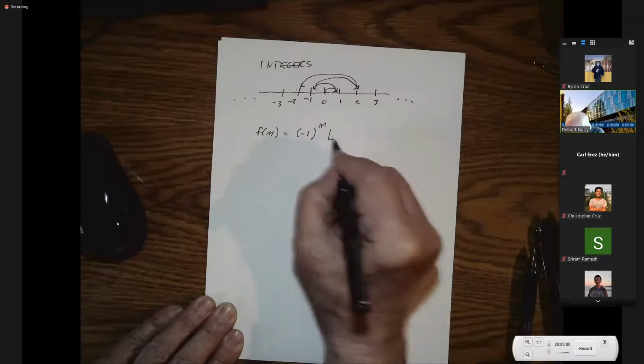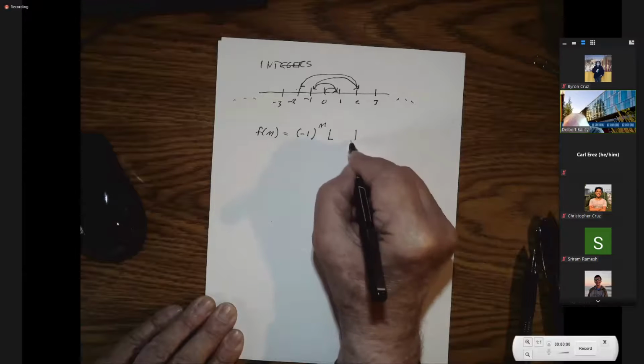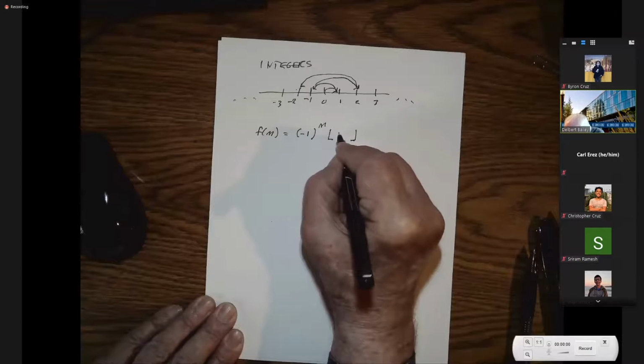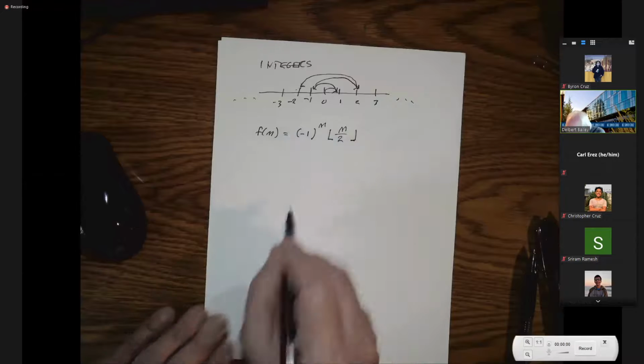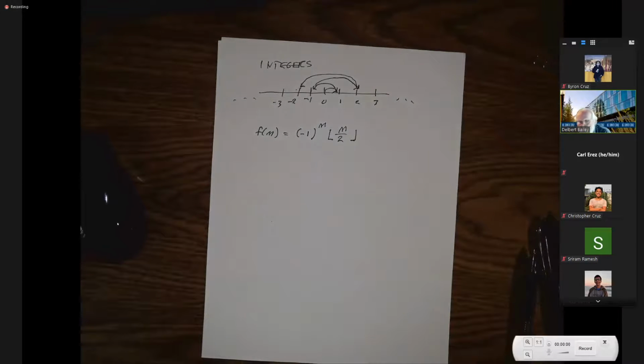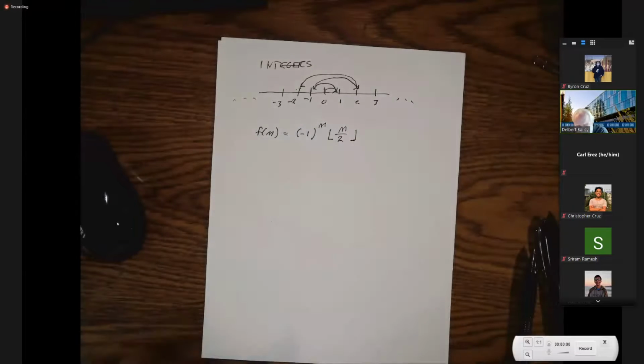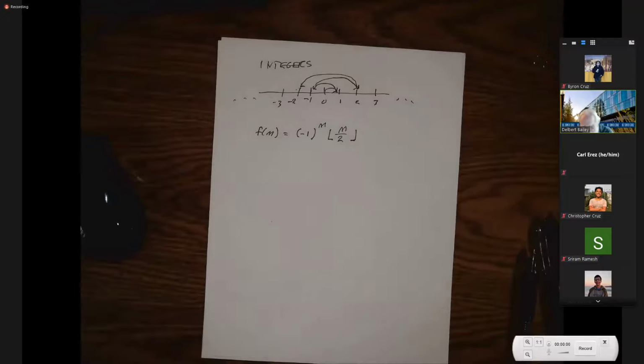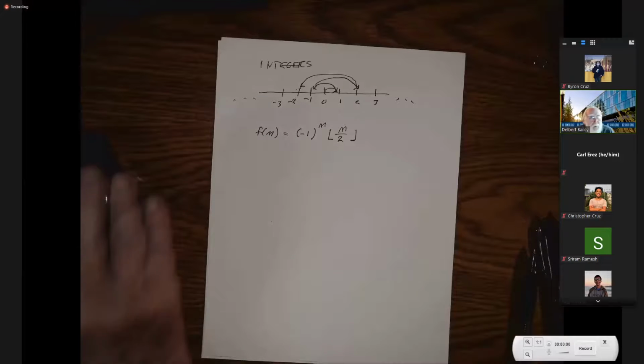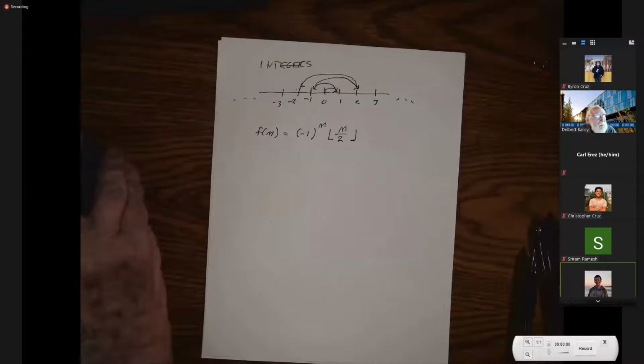This is the floor notation. Yeah, so there's the expression of the one-to-one correspondence. And this will actually correspond to exactly what we just did. All right, thank you. Sure.